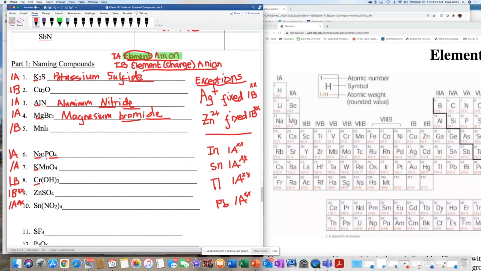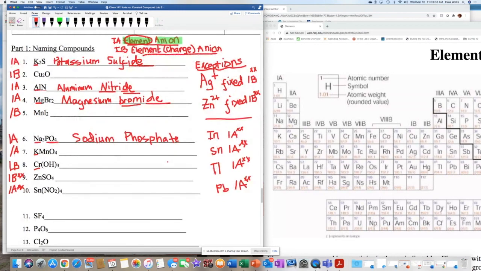You have phosphorus, you have oxygen. So looking at that here, you can say you have polyatomic. Here, you once again will have two parts of the name. The first one will be sodium. The second one will be phosphate, because you memorize these, right? Phosphate.